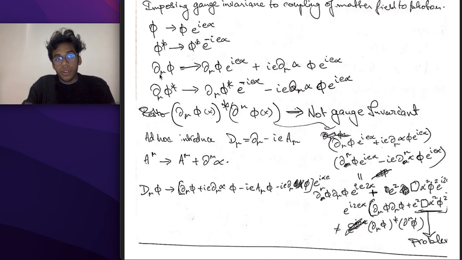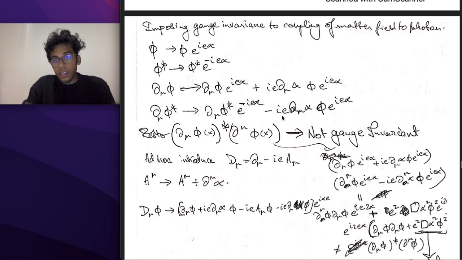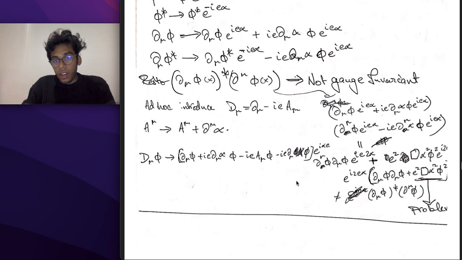So the dou mu phi and dou mu phi star, when you take this particular term in the Lagrangian, it is not gauge invariant, and that comes because of this special conjugation here. And so what you do is you absorb this whole thing into a covariant derivative, thus making it gauge invariant.